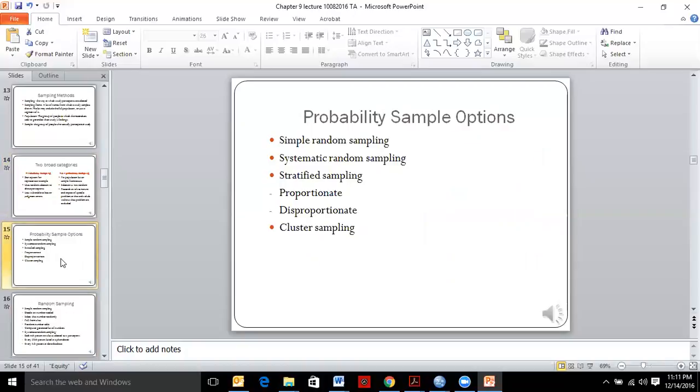For the probability sample options, we have simple random sampling, systematic random sampling, stratified sampling, that can be disproportionate or proportionate, and we have also cluster sampling.